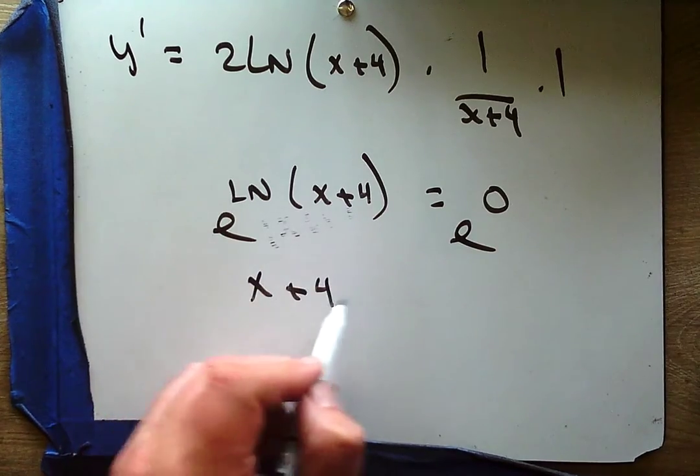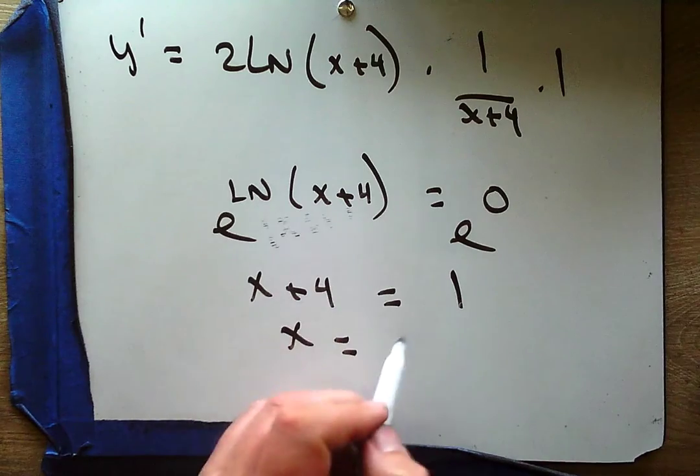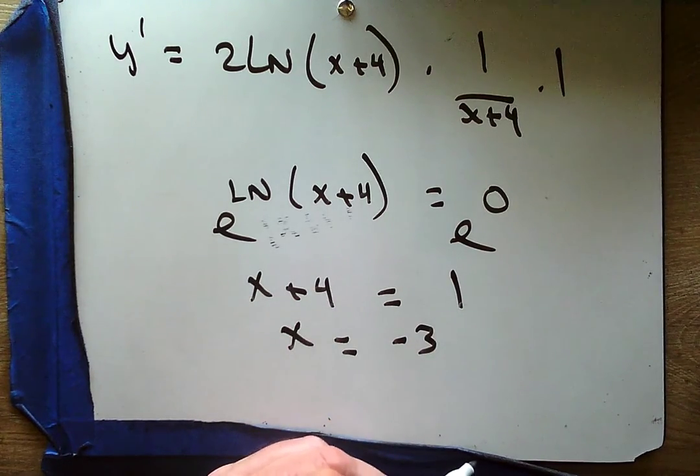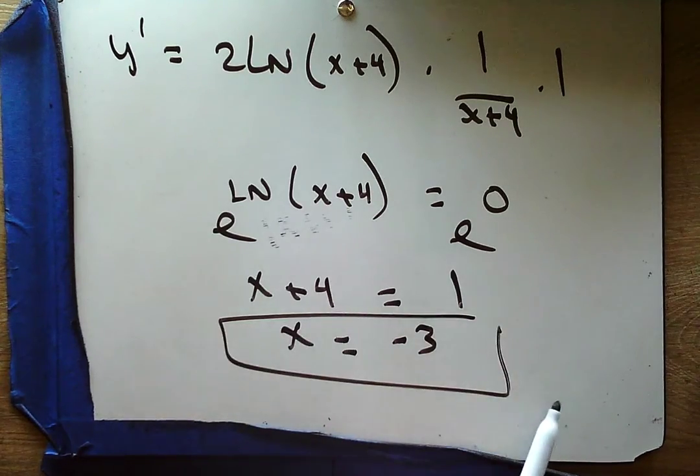So x plus 4 equals 1. X equals -3. Well, I don't know what I did last time. That's the place. Wow, there was some sort of sleepy moment. Maybe it's because I just did 63 other problems.